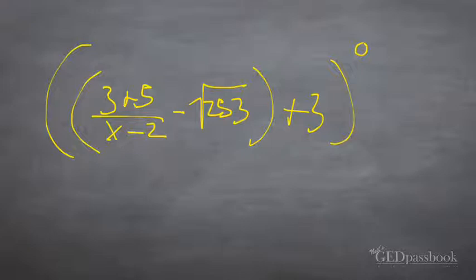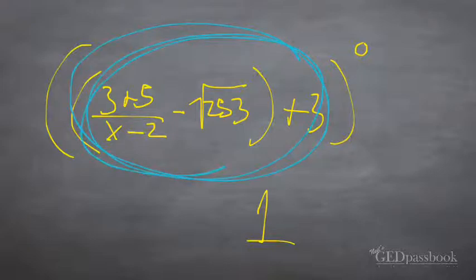Do you know what the answer is? 1. Do you see that? Whatever all of this became, doesn't matter what the answer is of everything that's inside there. If it's to the power of 0, guess what the answer is? 1. That's the beauty of this trick.